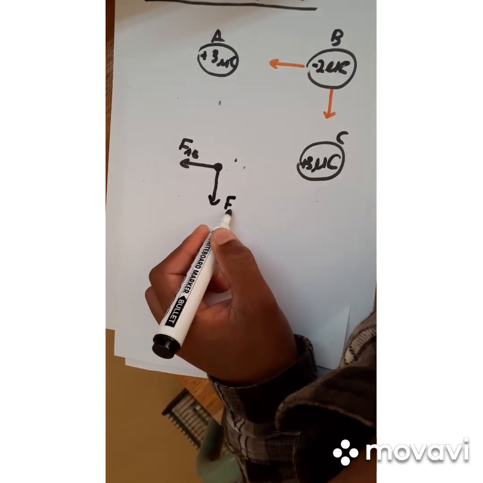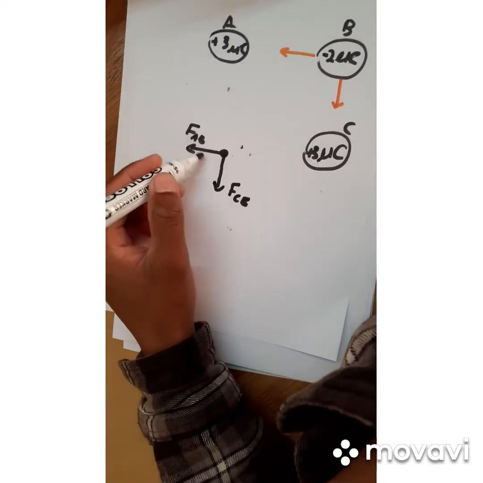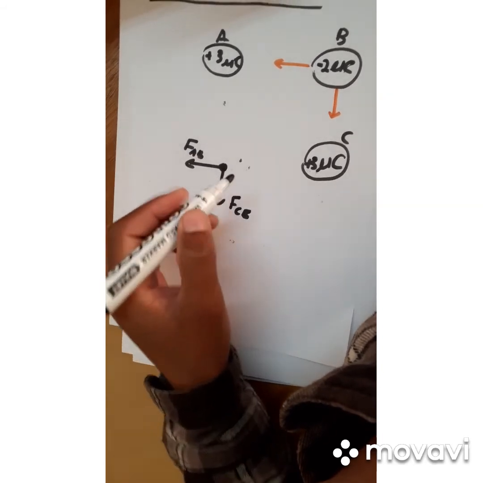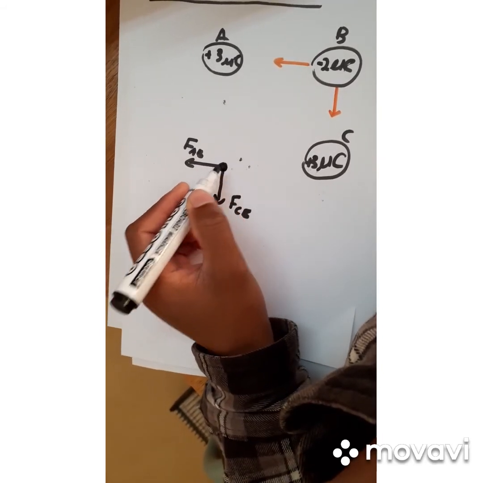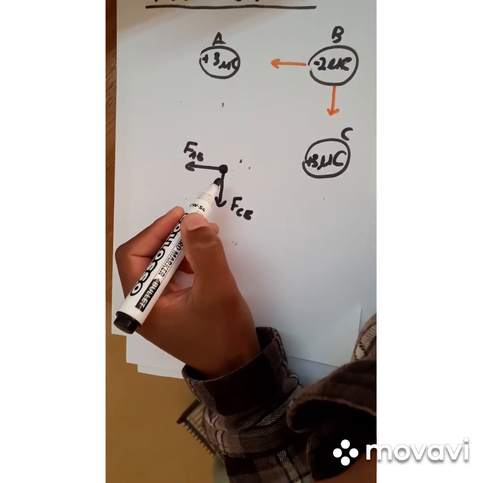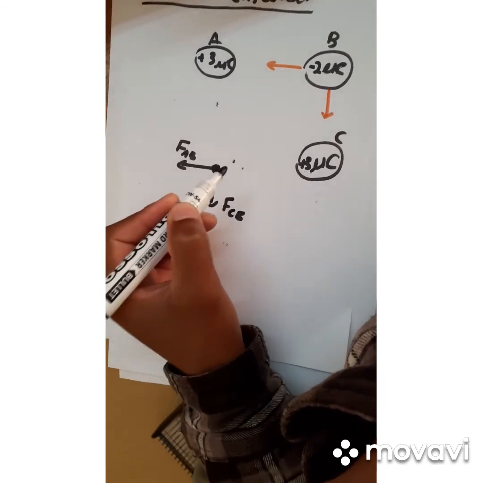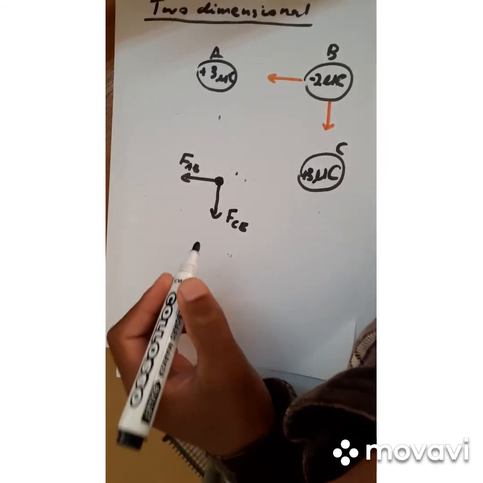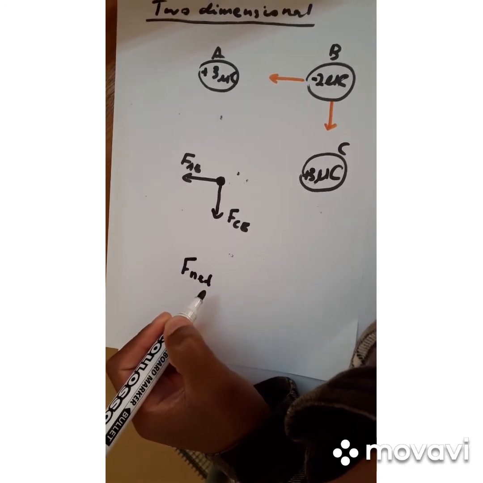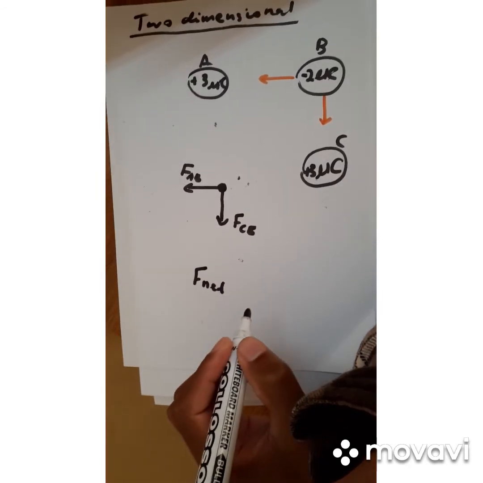So this is the force of C on B. But if the two forces are simultaneously applying on B, this simply means B is going to move in such a way. Remember Newton's second law. We are only interested in the resultant force, F net. The object B is going to accelerate in the direction of the resultant force.